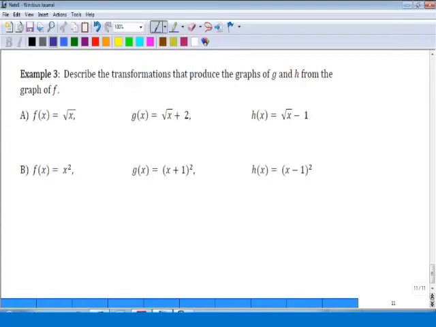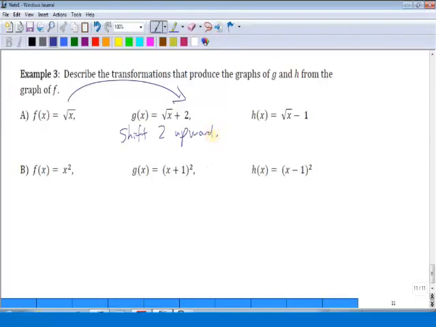So if we start with f of x equals the square root of x, and we add 2. Add 2 to the right-hand side. It's outside the radical, not up underneath the radical. It's going to take the graph and go 2 units. Up, down, right, or left? Up. 2 up. And h of x equals the square root of x minus 1.